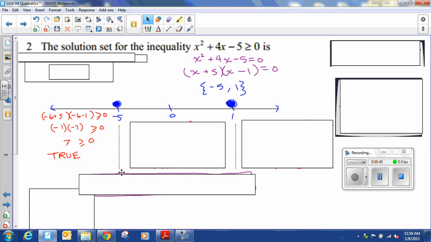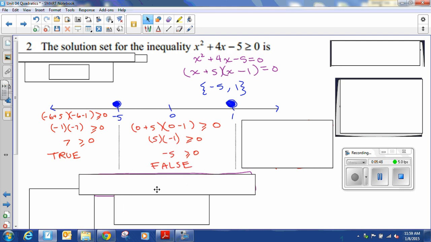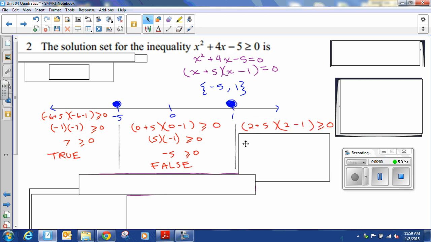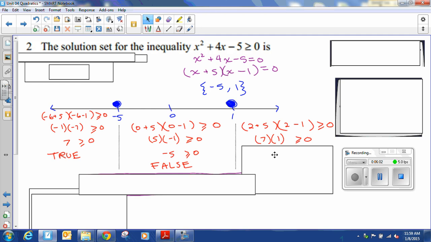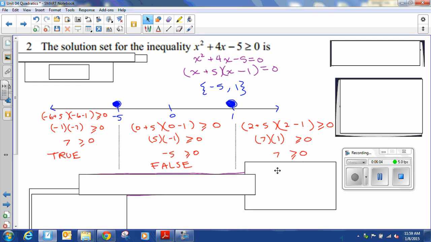0, which is true. When we plug 0 in, we end up with negative 5 is greater than or equal to 0, which is false. And over here, the number closest to 1 that is greater than 1 is 2. So we'll plug 2 in, and we end up with 7 times 1 is 7, which is greater than 0. That's true.